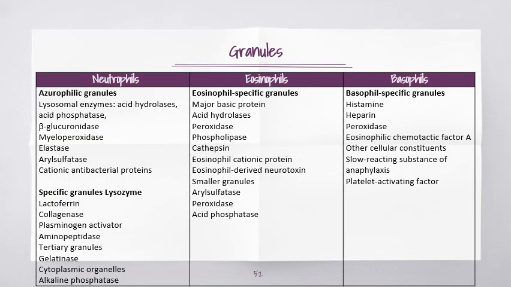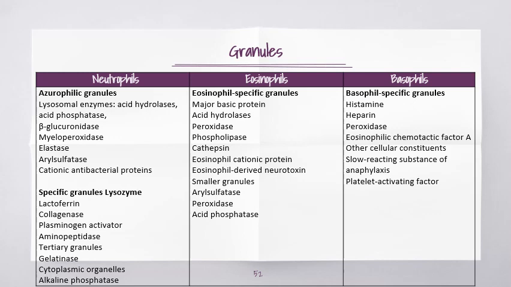So I've tabulated, and you don't need to memorize this, the granules that are present in each of these cells. As you can see, they contain lots of granules. Most of these granules are important in the defense of the body.